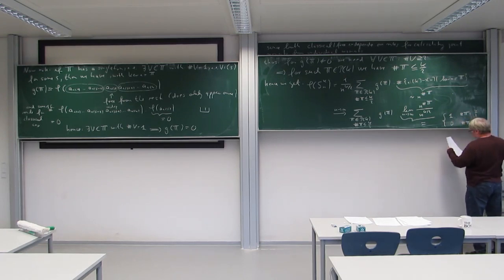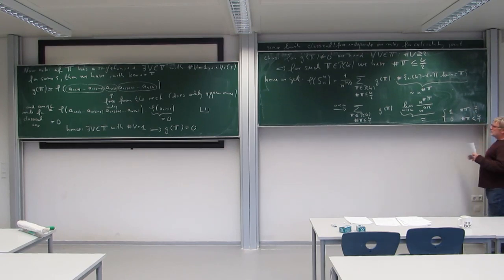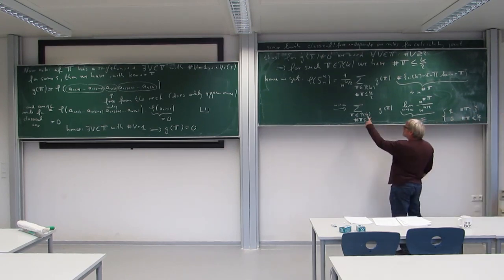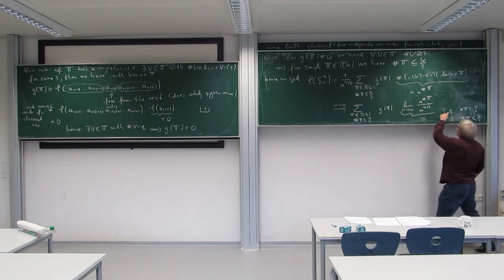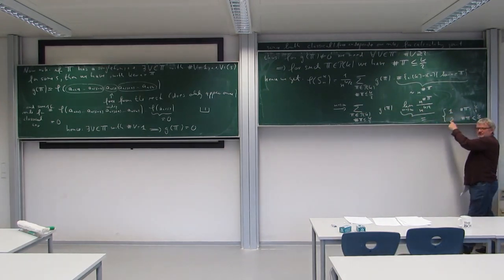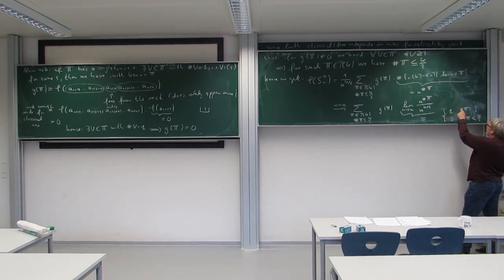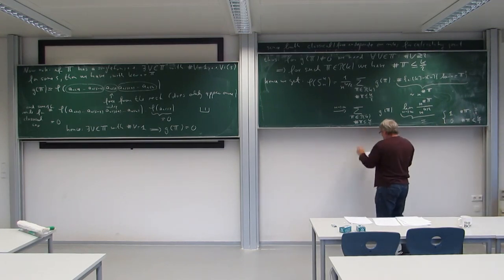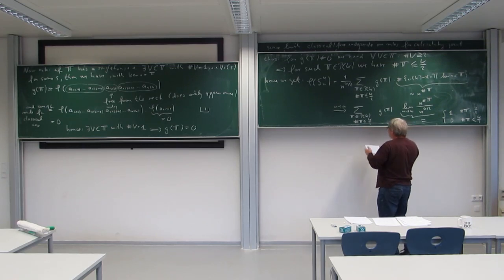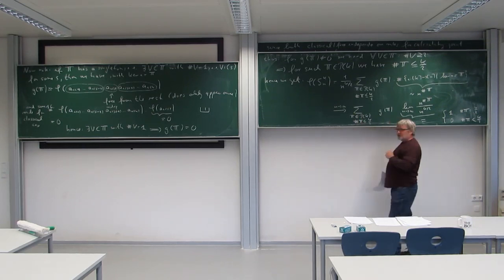Good, so we are surviving in the sum over pi, and you see in the limit, we just get 0 or 1 from these combinatorial guys. We are just surviving with the ones where the number of blocks is equal to k over 2. But actually, we're looking on partitions which have no singletons.